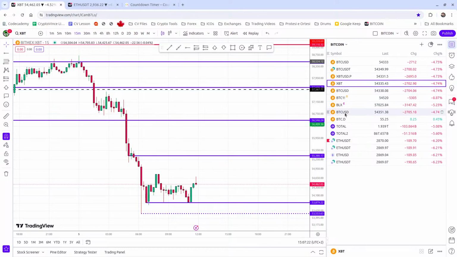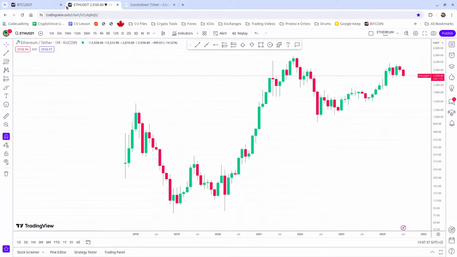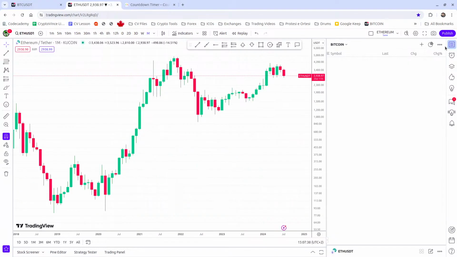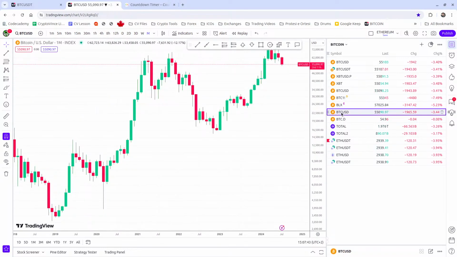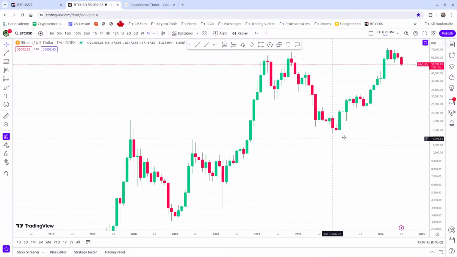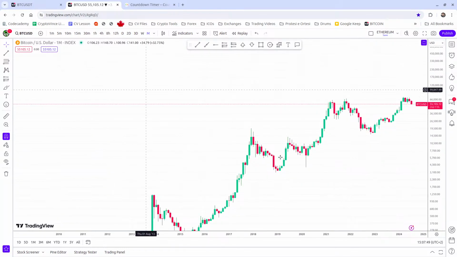Let me grab a clear chart of Bitcoin. Okay, this is the Bitcoin index.